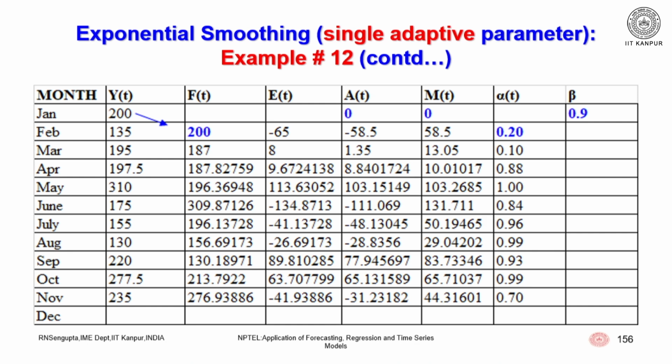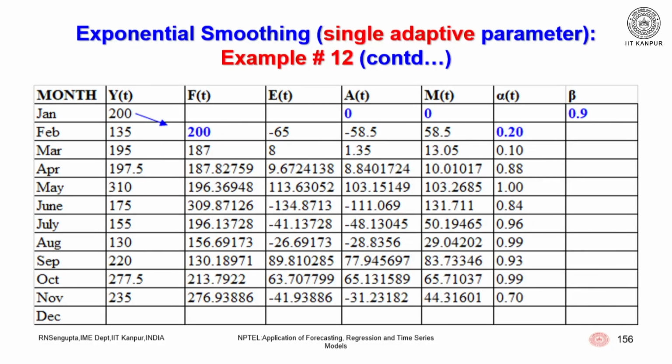Again, I find out all the values and pay attention to the error term, which is for column ET. And obviously, A and M can be calculated, alpha can be calculated, and obviously F can be calculated. Similarly, for E, based on the same formula.